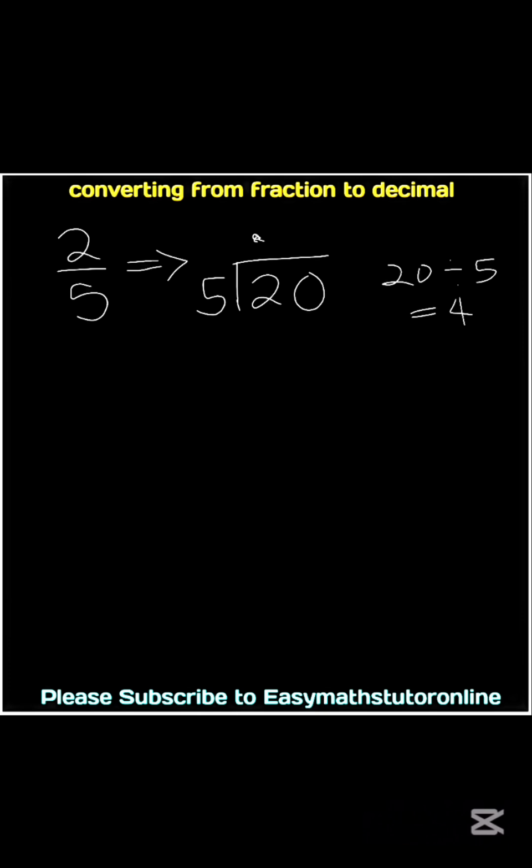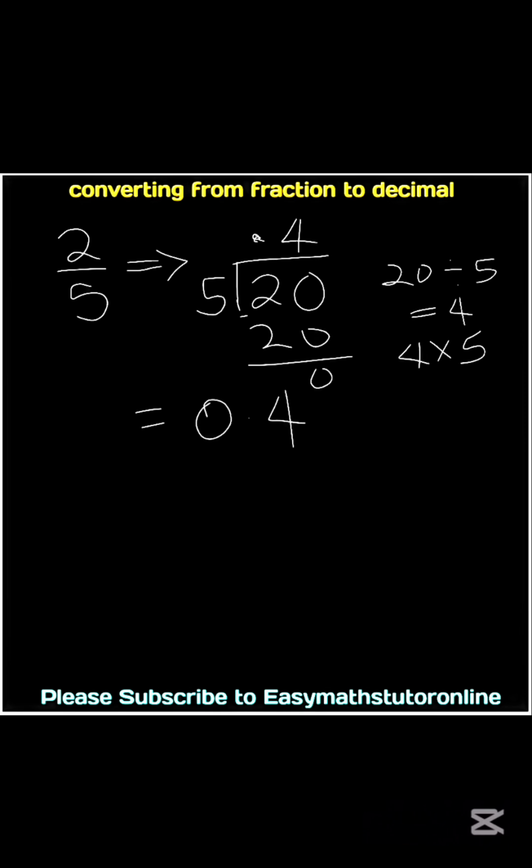So that will give us 20 divided by 5, which is 4. We write 4 above the 0, and then multiply 4 by 5, which gives us 20, and then we subtract, which gives us 0. Therefore, the decimal conversion for the fraction 2/5 is 0.4.